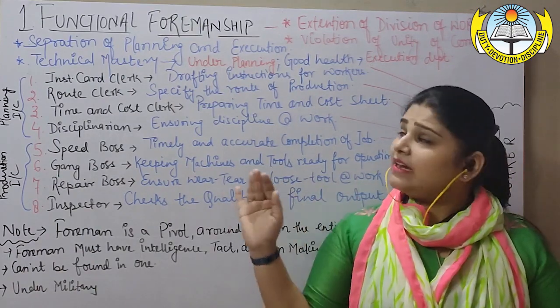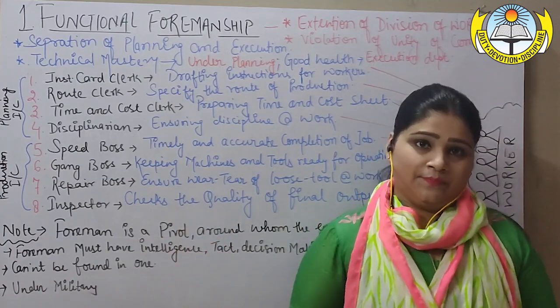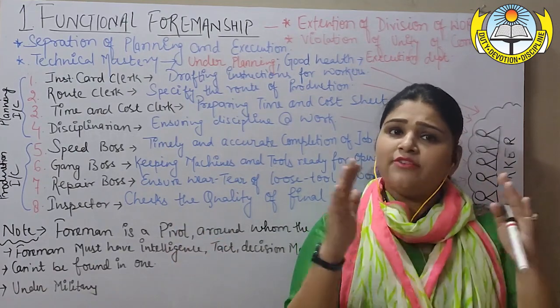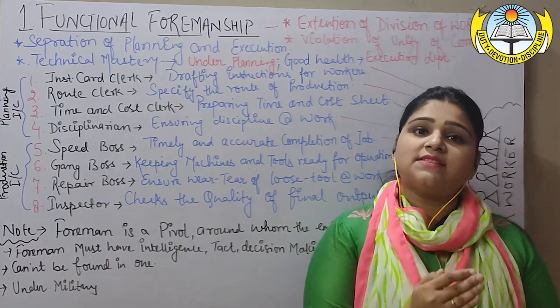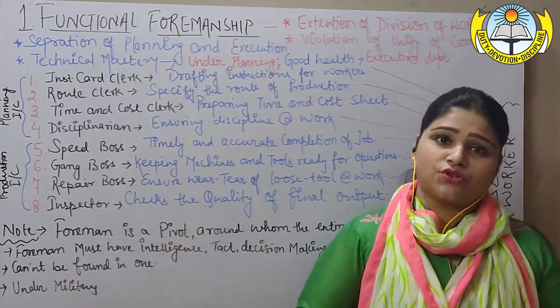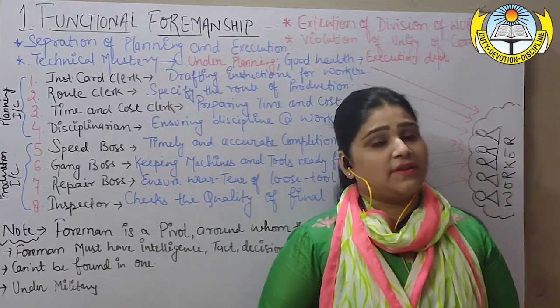Taylor has divided all this work into two major areas. He has divided any factory setup into planning as well as executive or execution area. You can also call that execution area a production area.